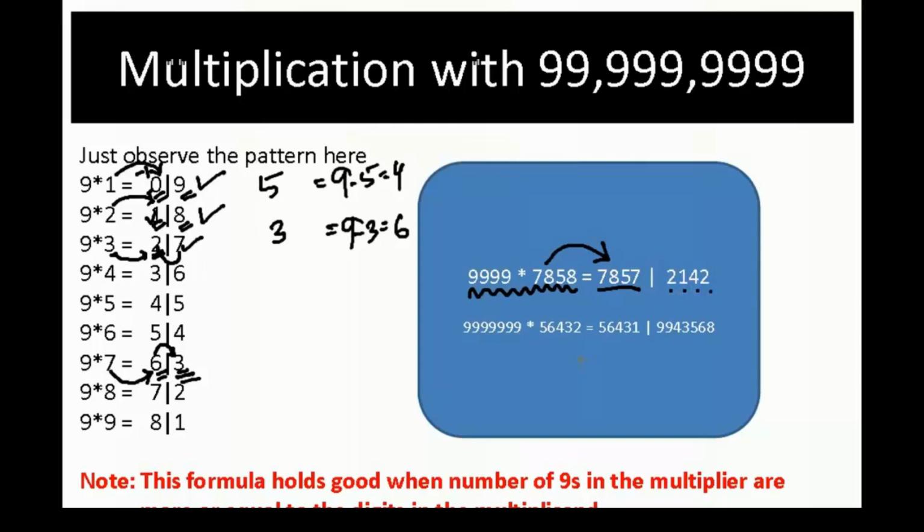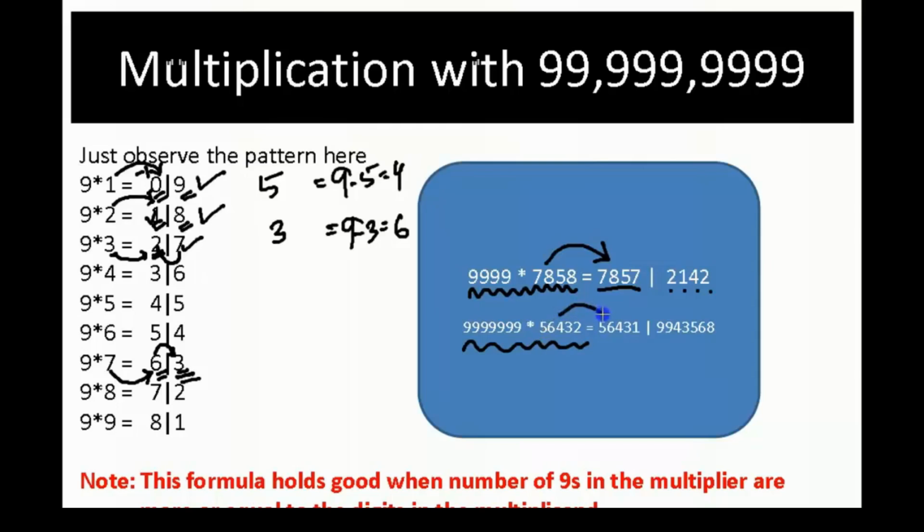That means subtract it from 9999, giving 2142. That's all. So the answer is 78572142.